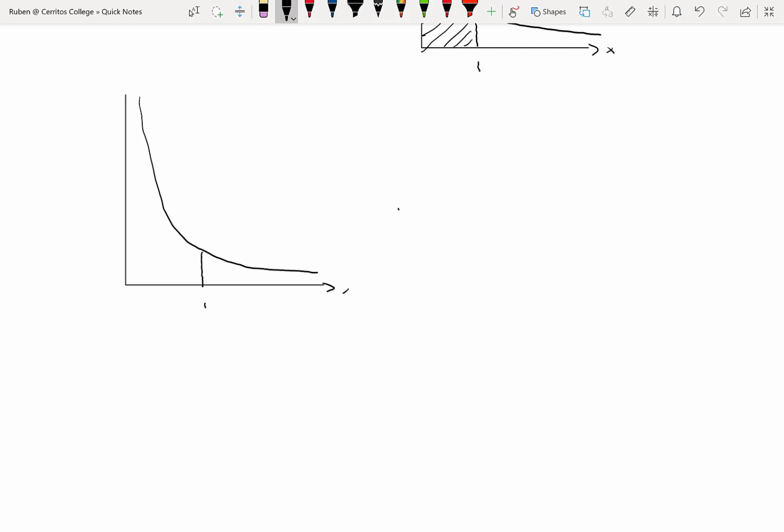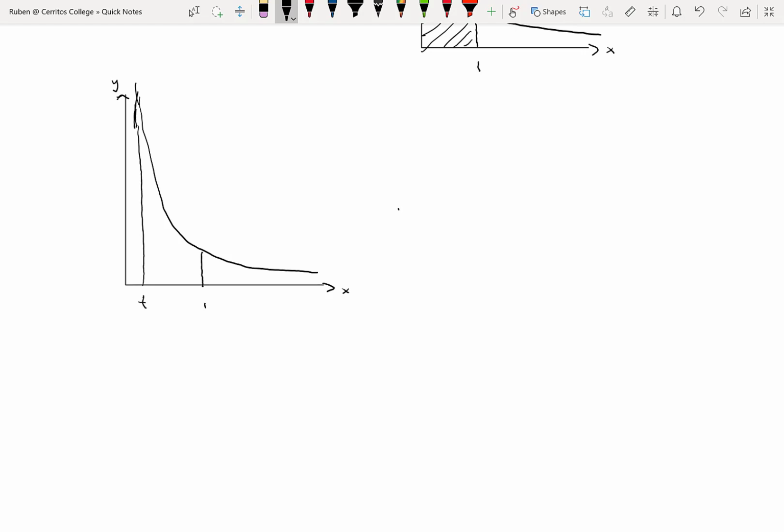Since we can't integrate at a point where the function becomes infinite, instead of integrating starting at 0, we push to the right ever so slightly, to a point that's, say, somewhere between 0 and 1, and we integrate from that point to 1.